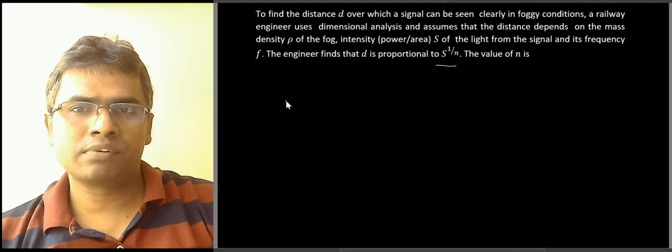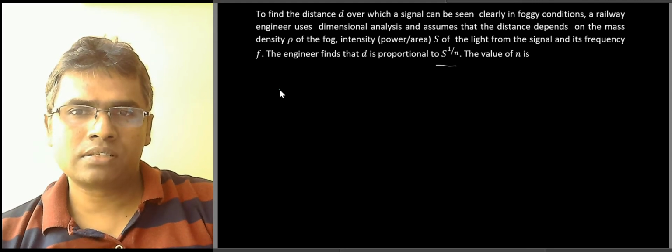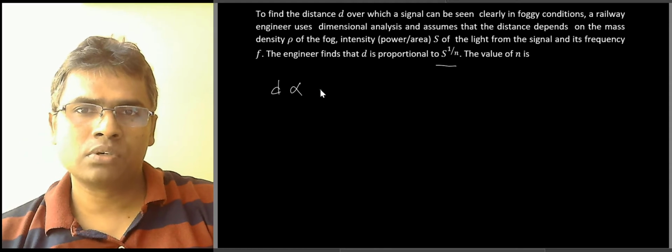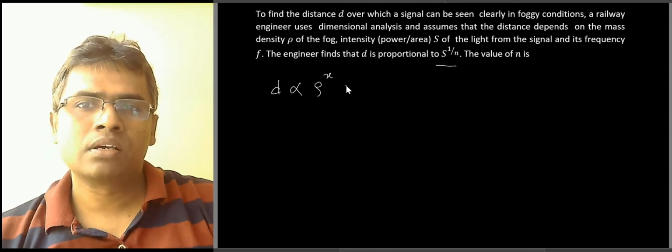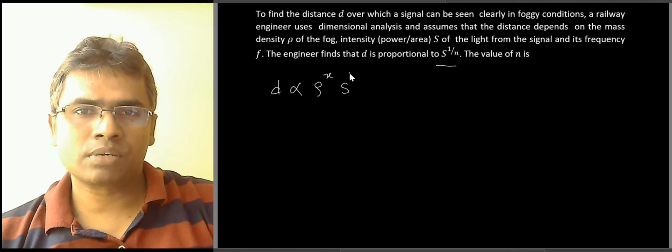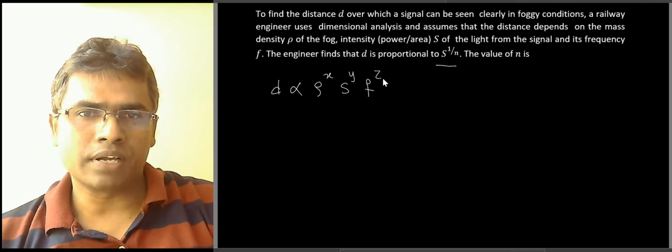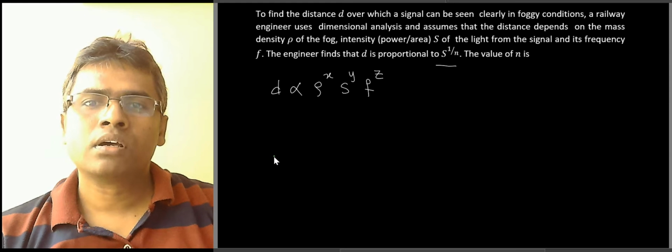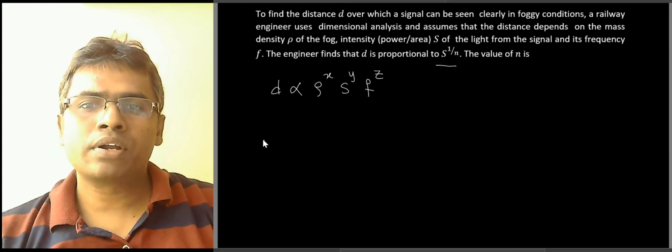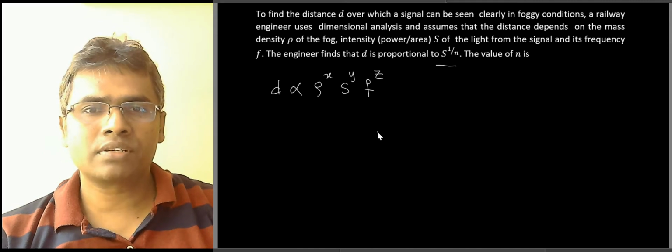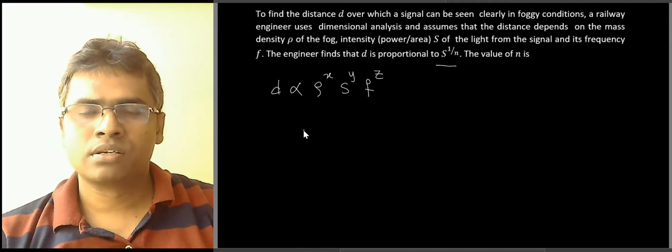As per the given information, the distance d can be written as proportional to the density raised to some number x, the intensity raised to some number y, and the frequency raised to z. Now, according to dimensional analysis, the dimensions on either side of the equation must match.